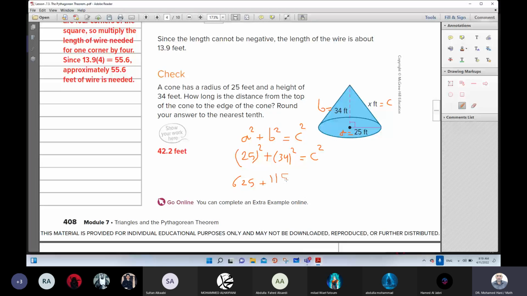The answer is 1,780 equals C squared. How to find the value of the square root?